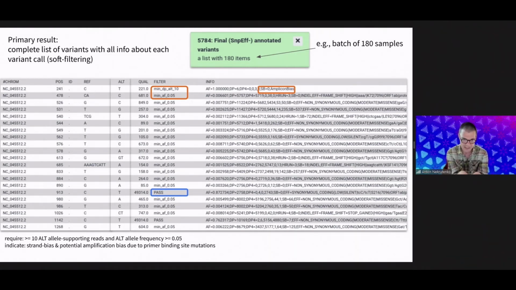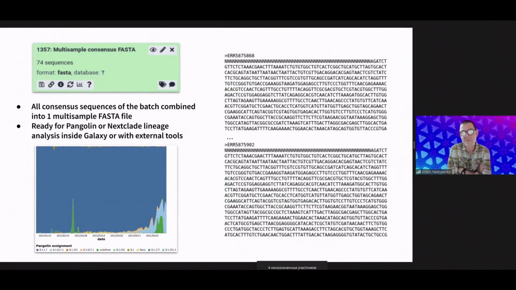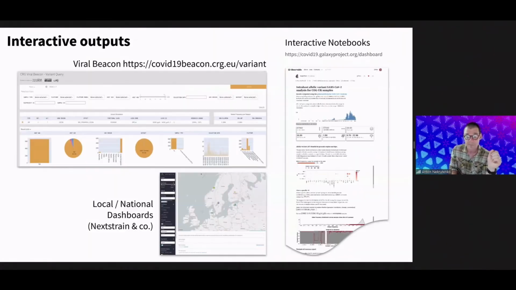We keep the primary data, we keep all the intermediate calls, we keep all the consensus sequences, and it turned out to be extremely useful because if you rely on, for example, SRA or the usual places where sequencing data gets deposited, sometimes things get deleted. But we actually keep everything, from original read-level data to all the intermediate calls to consensus sequences, and this is again for hundreds of thousands of samples.